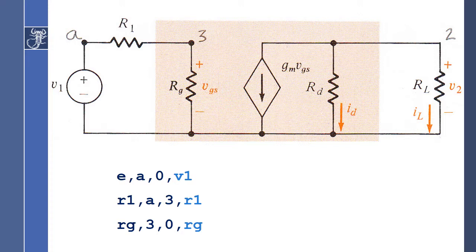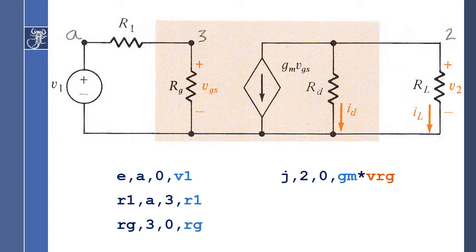whose voltage drop is going to control the dependent source. So we have to make sure that we define as the first node the one where the voltage drop is defined as positive. So we say RG between 3 and 0 with the value of RG. You don't want to say between 0 and 3 because you will be reversing the polarity.